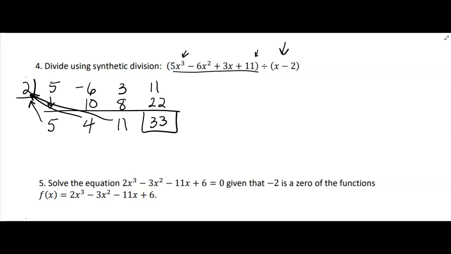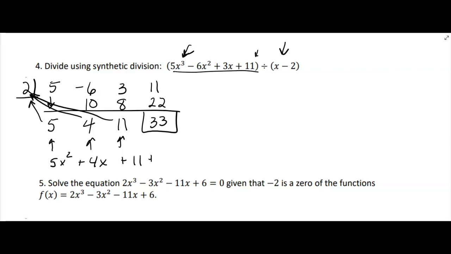Okay, this is not the answer. This is the synthetic division part. The answer just says these are the coefficients. And where do you start? 1 degree down. So it used to be a 3rd degree. Your dividend was x to the 3rd. So you're going to go x squared. So 5x squared plus 4x plus 11. They were all positive, so that's why it's plus.